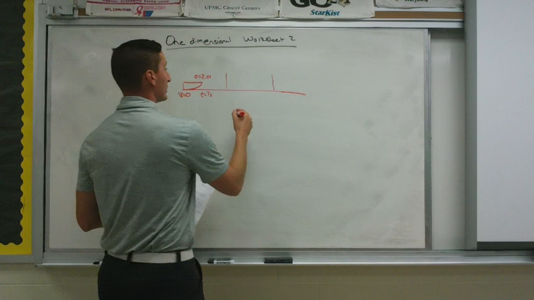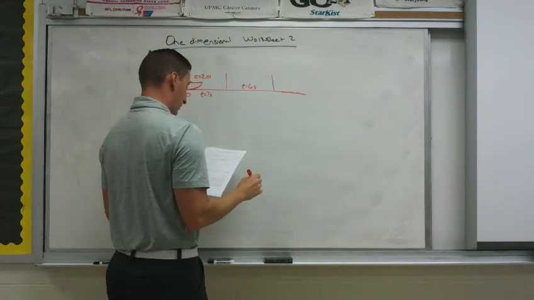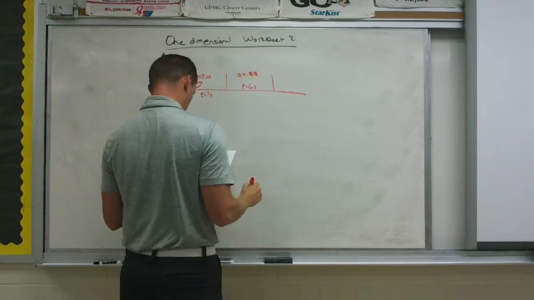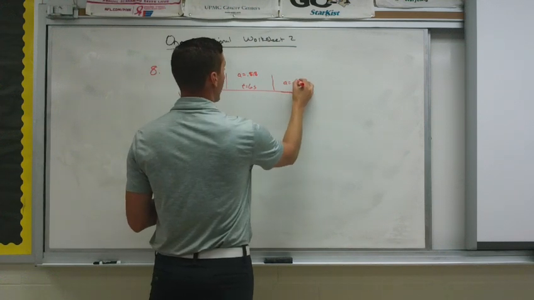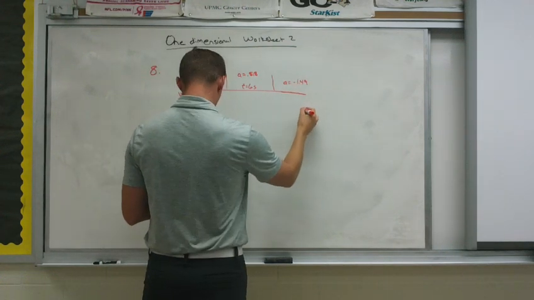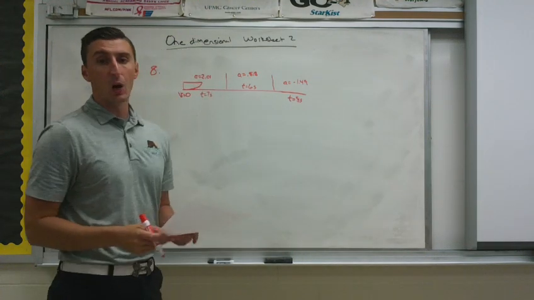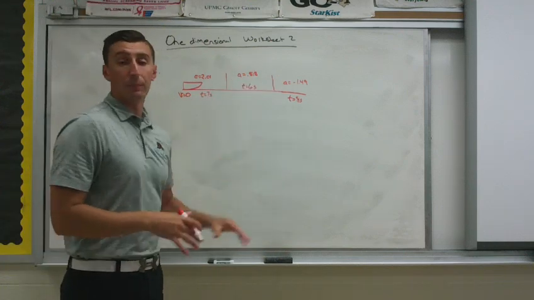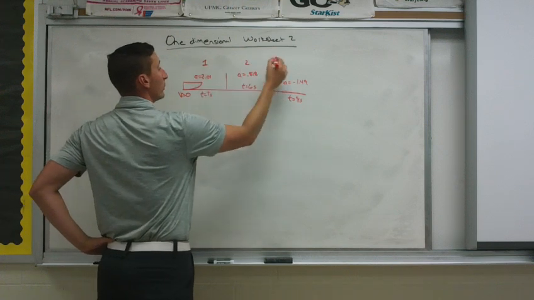Then it goes to the second part for a time of 6 seconds with an acceleration of 0.518. Then at the end it accelerates at negative 1.49 for a time of 8 seconds. So do you see how every time we change acceleration, I have to break it up. It's its own separate problem. It's part 1, part 2, part 3.